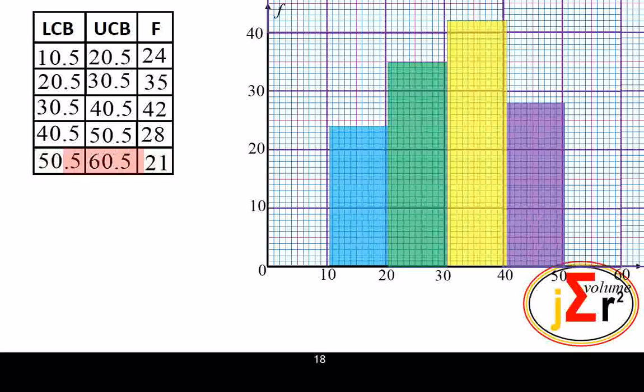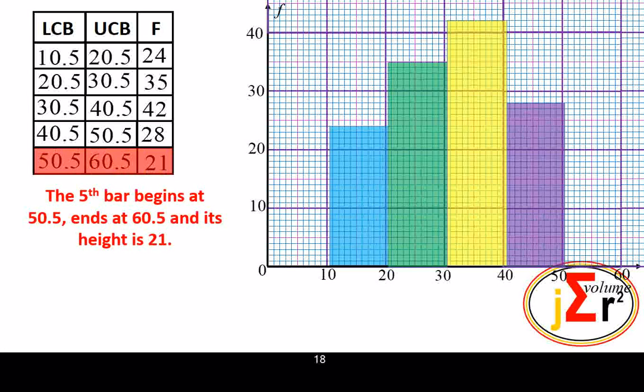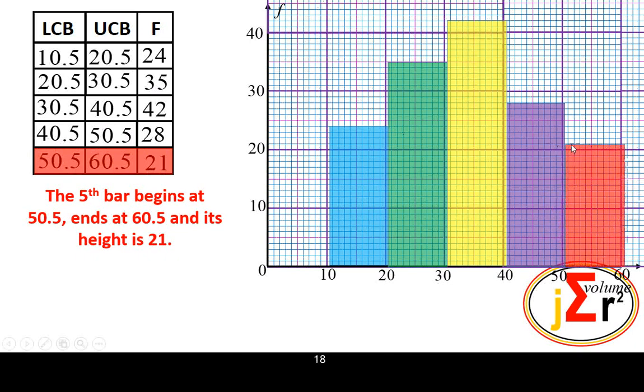Finally, your fifth bar begins at 50.5, ends at 60.5, and its height is 21. 20 and then 1 more right there. Great. So that is the construction of your histogram.